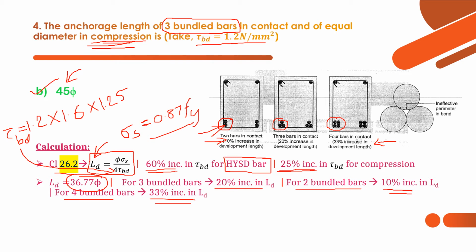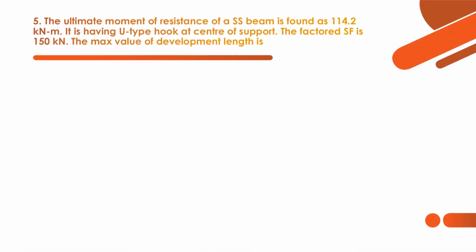Now let's move on to the 5th question. The ultimate moment of resistance of a simply supported beam is found as 114.2 kilonewton meter. It is having a U-type hook at the center of support. The factored shear force is given as 150 kilonewton.